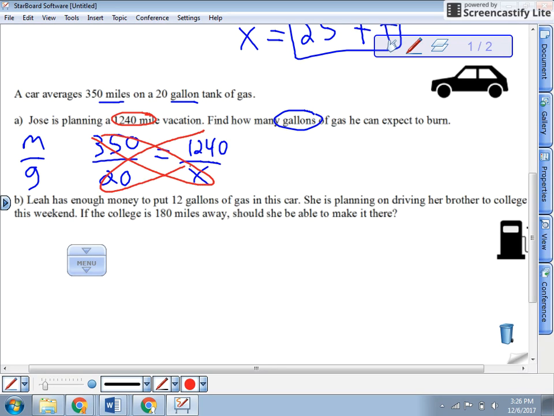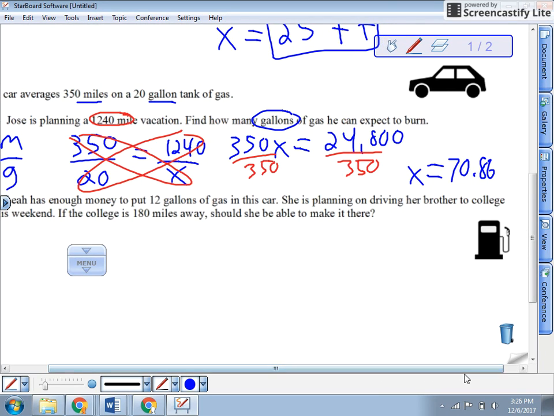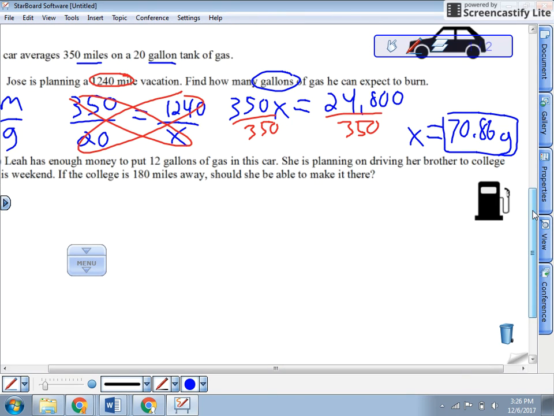These are big numbers, but you have your calculators. So it's 350x equals 24,800. When you divide each side by 350, you should get x approximately equal to 7.86 (about 70.86 if read wrong). And that is gallons, since that's what we're trying to find. Units are important.